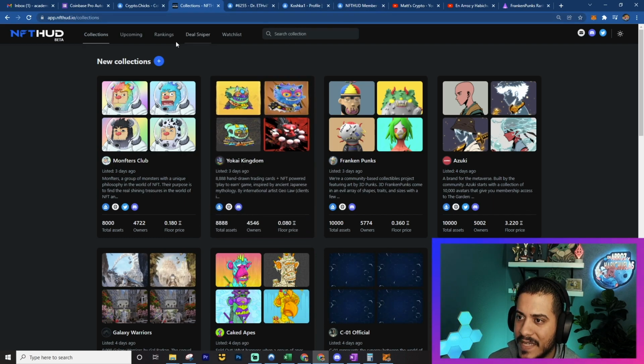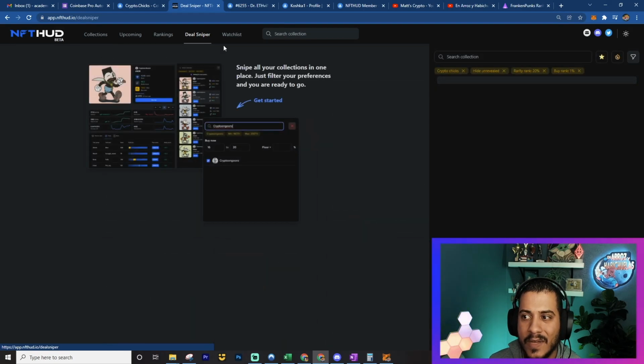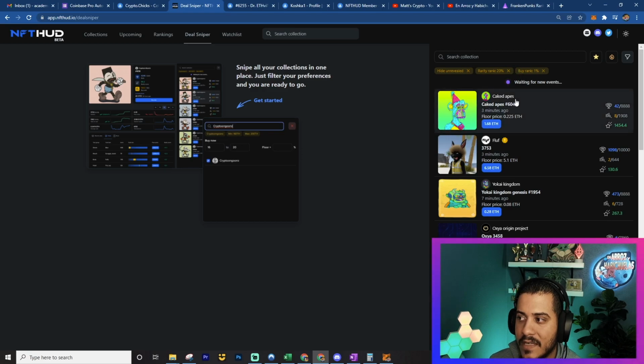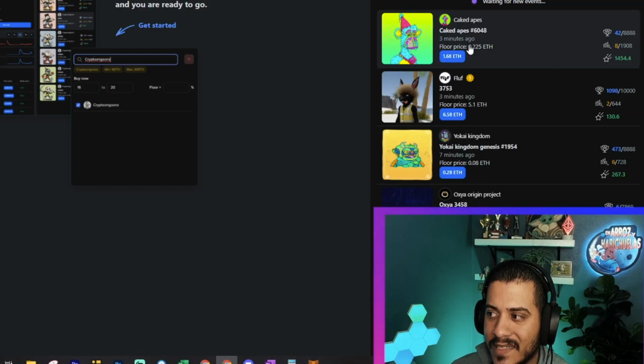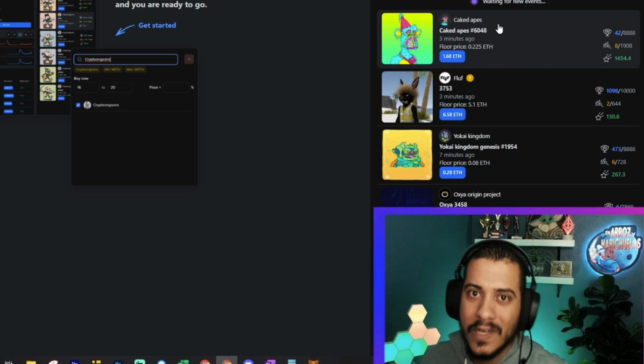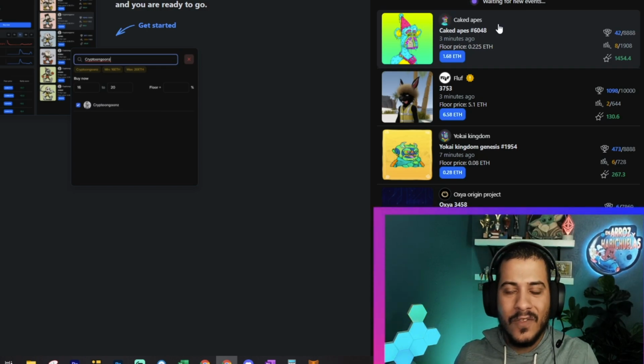So basically, the first thing I did is I went to the Deal Sniper, and this is one of the best tools that this has. And here you can see great NFTs being listed, and it's going to show you great value, right? NFTs get listed at different prices, and it's hard to know which one is valued correctly, other than just guessing.